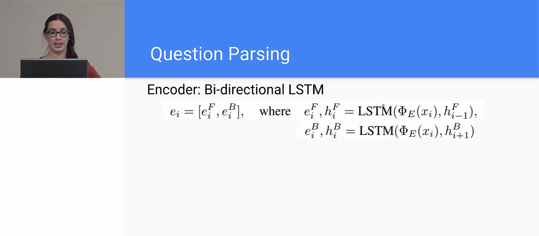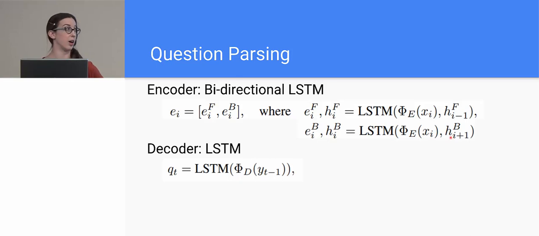That's derived by applying the LSTM to the embedded word encoding of the input token and the hidden layer of the previous token. The backwards embedding is derived in much the same way, except rather than looking at the hidden layer of the previous token, we're looking at the hidden layer of the next input token.